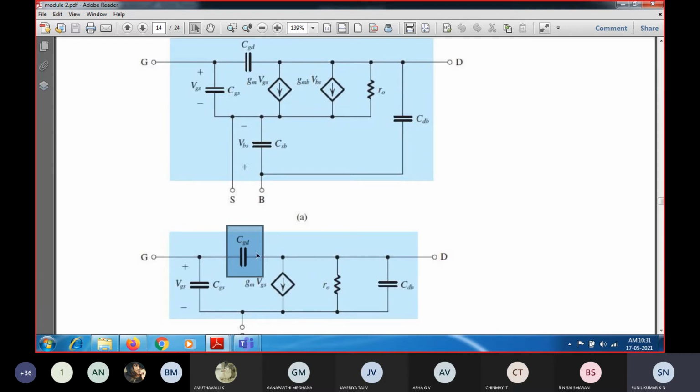Because of this MOSFET capacitance CGD, which connects between the drain and gate, acting like a negative feedback path, it is going to control the gain. Controlling the gain means we are going to have a reduction in the gain because of this feedback action of CGD. So reduction of gain takes place at high frequency because of the internal MOSFET capacitance.